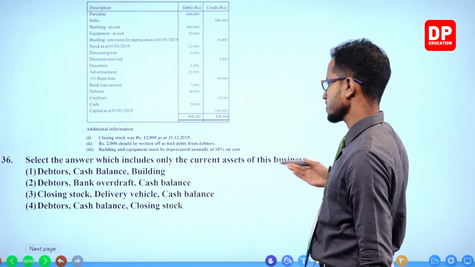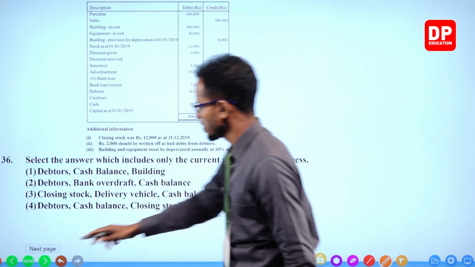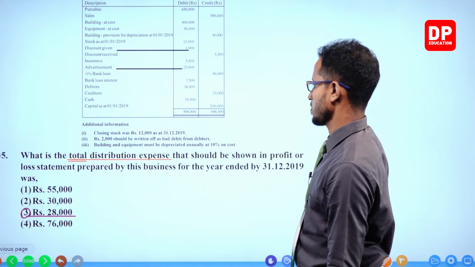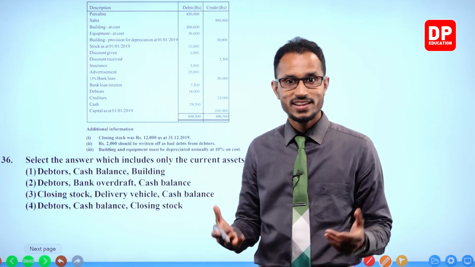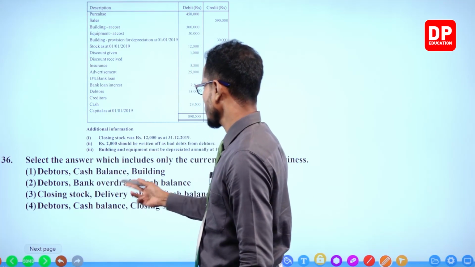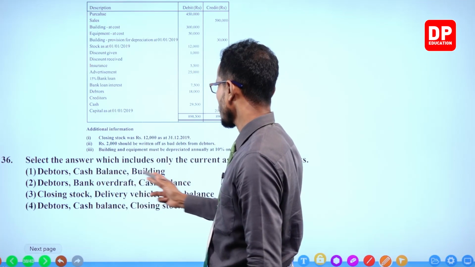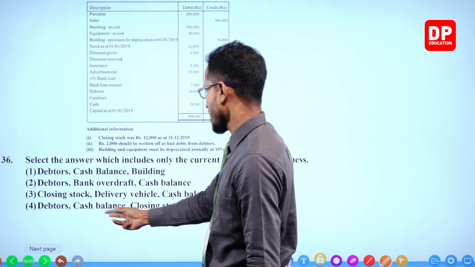Only the current assets. Okay, they don't ask you to calculate the current assets. Oh my god. Debtors, cash balance, building, no. Debtors, bank overdraft, cash, no. Closing stock, delivery vehicle, cash, no. Debtors, cash balance, closing stock.